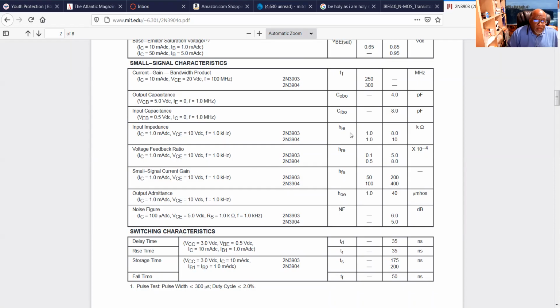And you have input impedance and voltage feedback ratio. Some of these, what are called h parameters, we won't get into. The one that's most important that we usually talk about is this one right here, hFE, which is the same as beta, your small signal current gain.